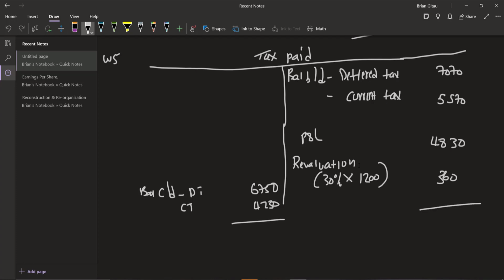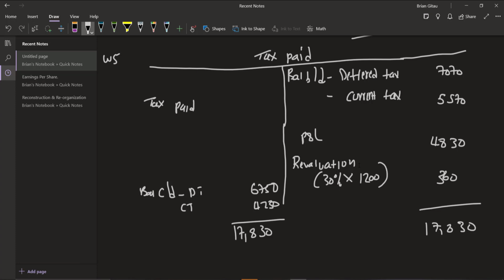So the total this side is giving me 17,830. The difference here is giving me the tax paid for the year.